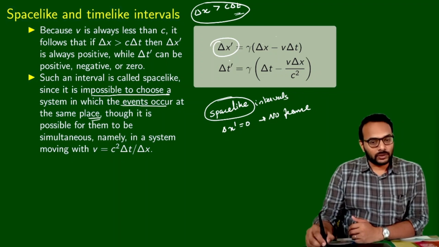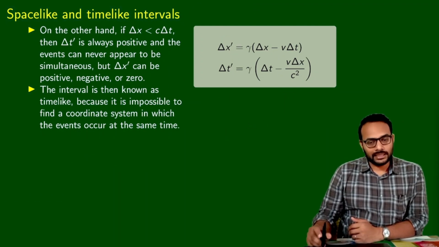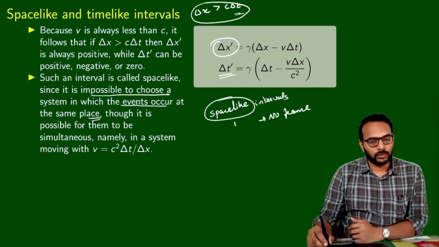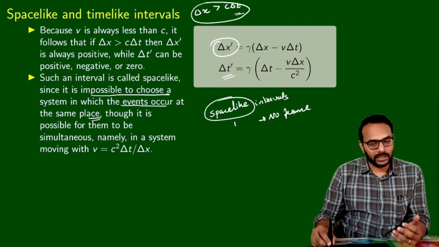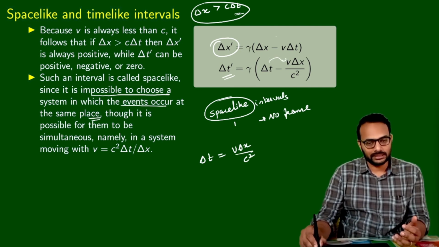But we see that there's no such restriction on delta t prime. Delta t prime appearing here could be positive, negative, or 0. For example, delta t prime could be equal to 0 if delta t is equal to v delta x divided by c square. If these two terms are equal, then delta t prime would be 0.